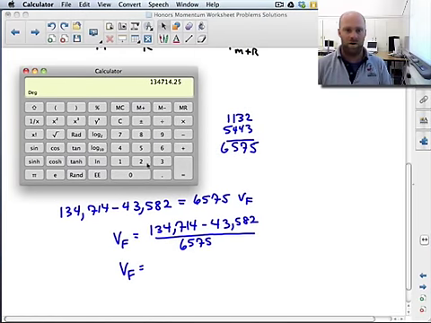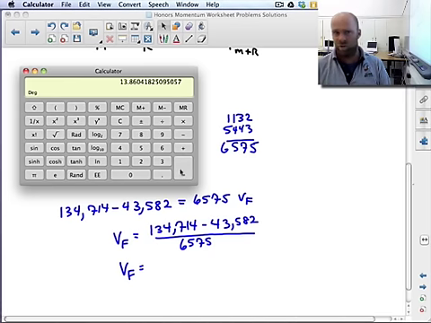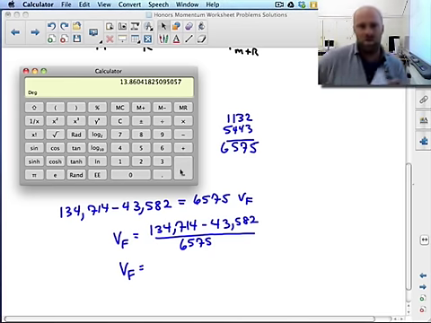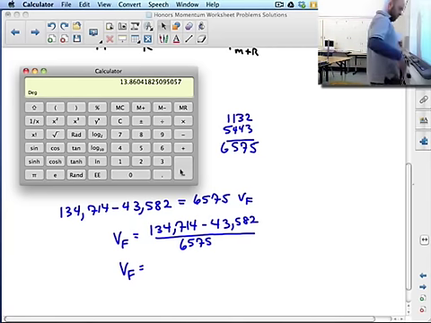So we're talking about 134,714, which I already have in the calculator, minus 43,582 gives me that, 91,000, that sounds right. Divide by 6575, and that's 13.9, okay? So that seems reasonable.